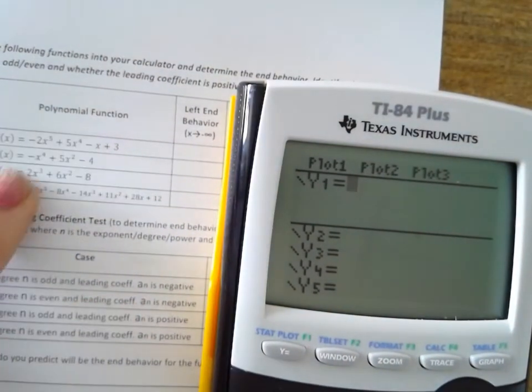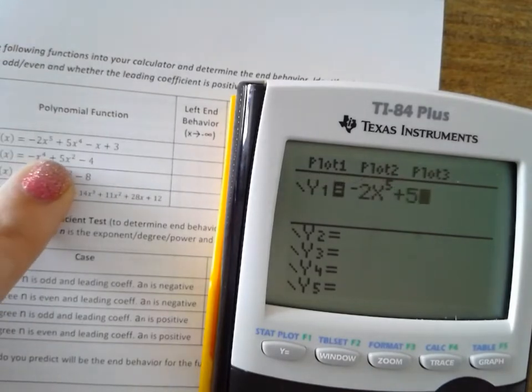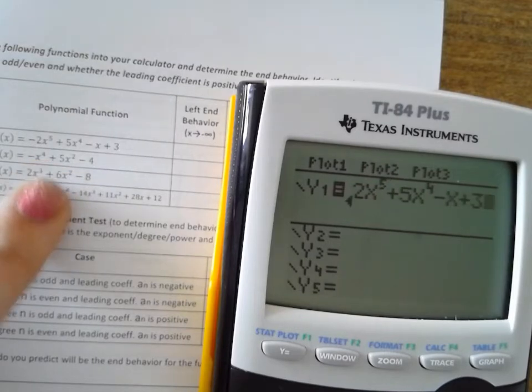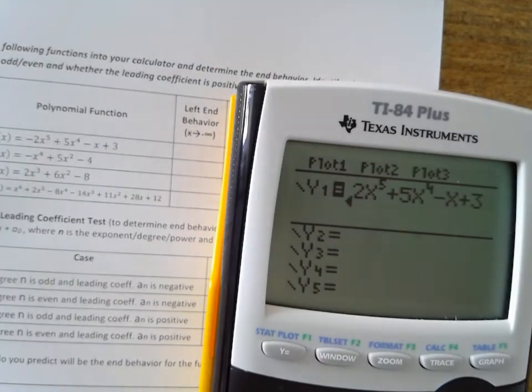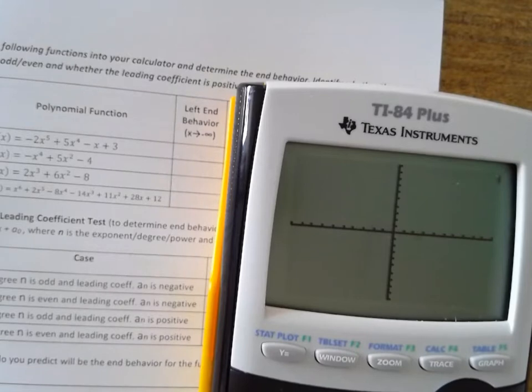And enter example 6 in there, please. 2x to the 5th plus 5x to the 4th minus x plus 3. And we were messing with the windows last time, so it might behoove you to zoom 6 it just to get your nice normal window.